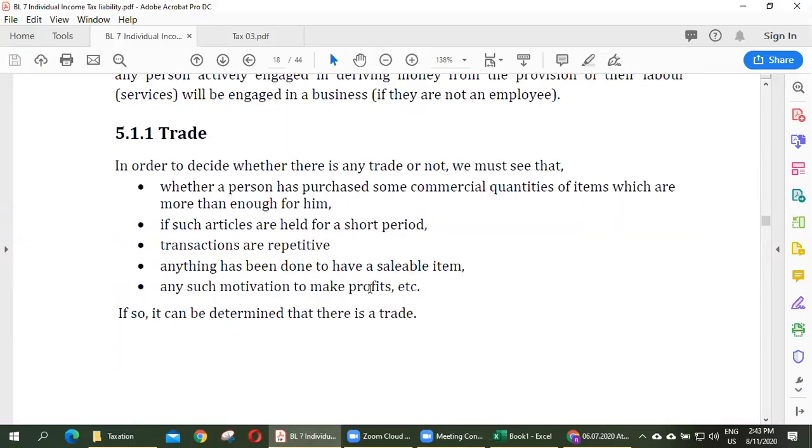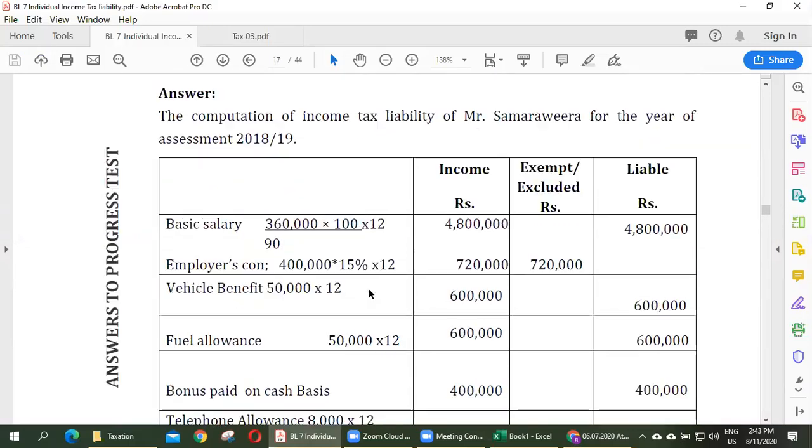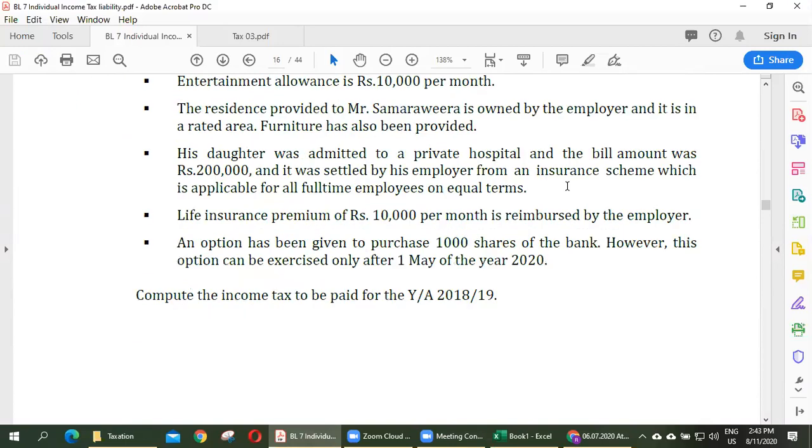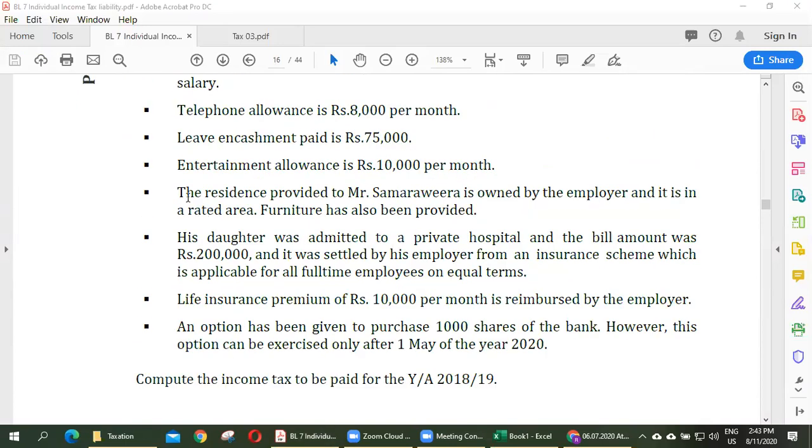In this question, the residence provided to Mr. Samaravira is owned by the employer. Employer means the company. The company has its own quarters.